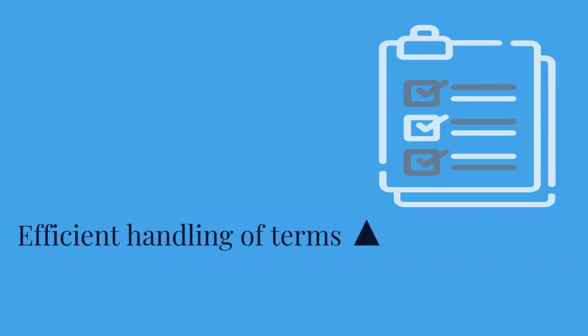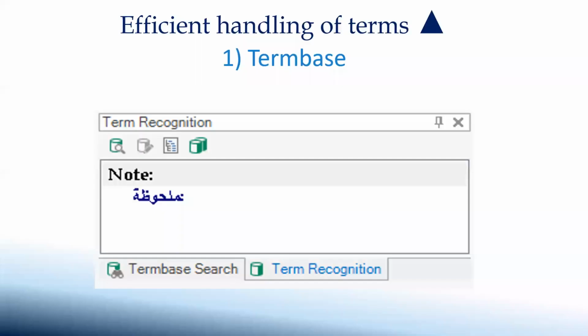Efficient handling of terms. How does it assist us and aid us in these aspects? This is an example from Trados Studio about a specific window which is called term recognition. It is automated. It recognizes the source term and provides its target equivalent as long as it is present in the term base. What is a term base? It is a database file to store terms, specific terms you selected.